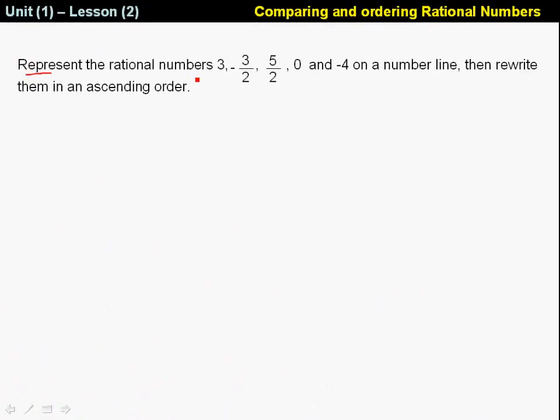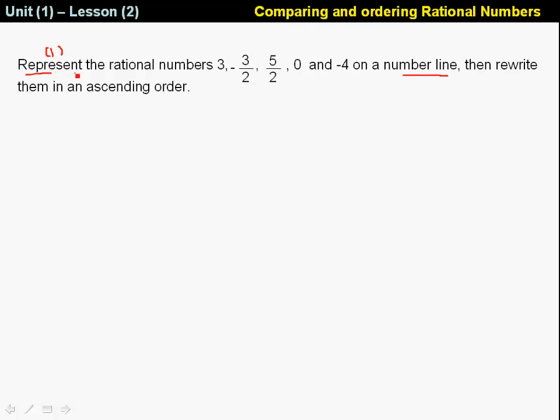Represent the rational numbers 3, minus 3 over 2, 5 over 2, 0, and minus 4 on a number line, then rewrite them in ascending order. We have been asked to represent these rational numbers on a number line.